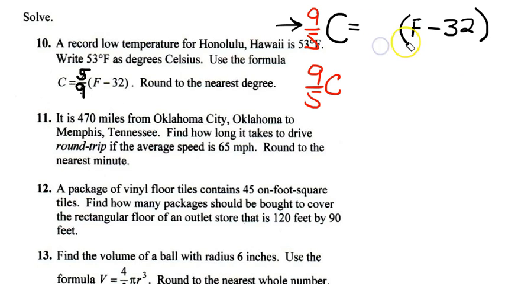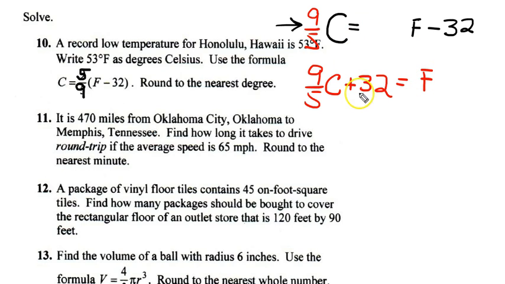Good technique for getting rid of the fractions. I can get rid of the parentheses now as well. And I want to get this F by itself, so I'm going to transpose that negative 32 to the other side where it becomes a positive 32. And then this is the formula if you have Celsius, how to get Fahrenheit.